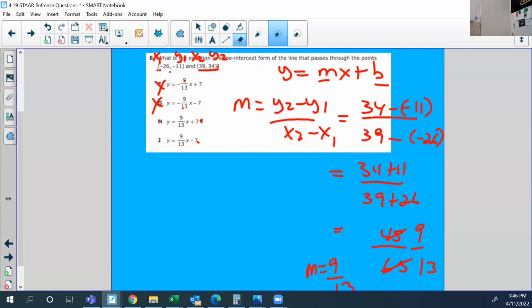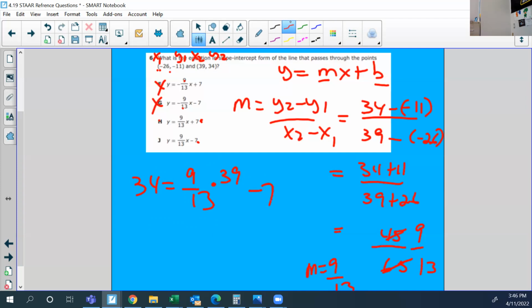I'm going to plug this point into J now. Let's see, Y is 34, and that's equal to 9/13 times my X value, which is 39, minus 7.